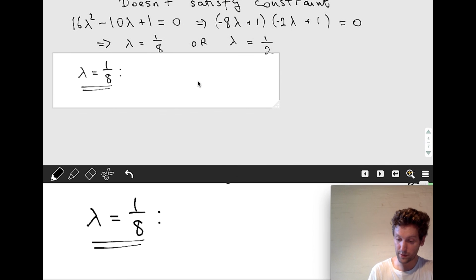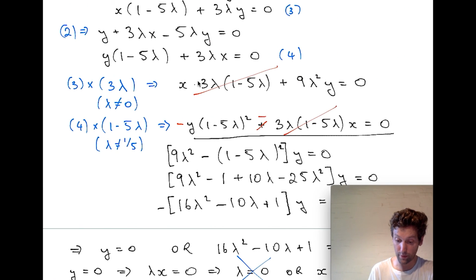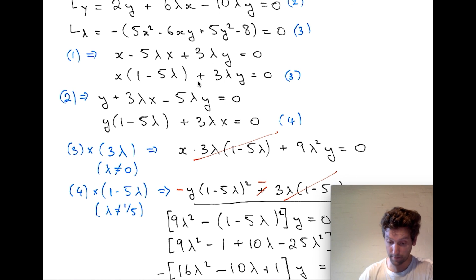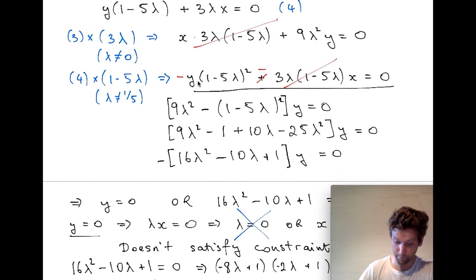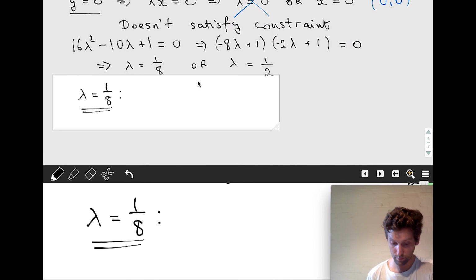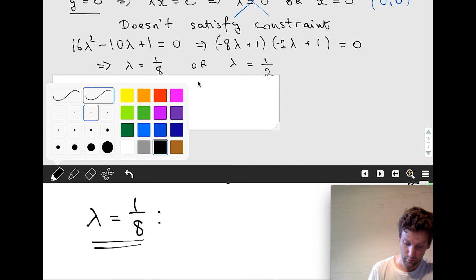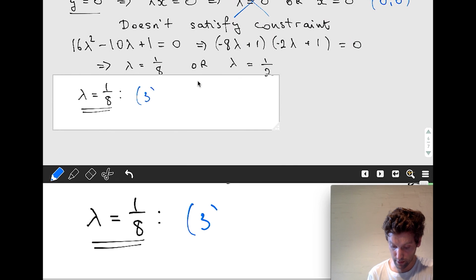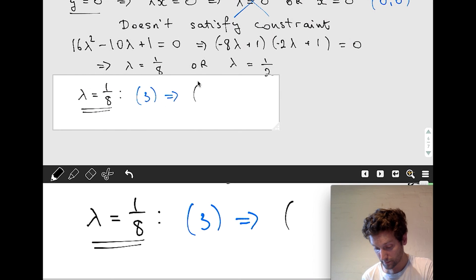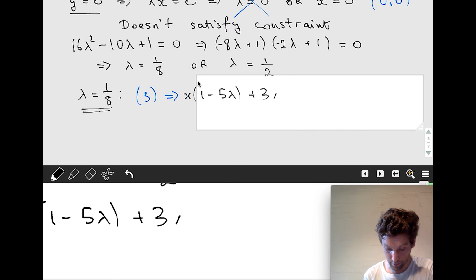So we're going to substitute that into, let's say, equation number 3, which was x times 1 minus 5 lambda plus 3 lambda y. So equation 3 implies x times 1 minus 5 lambda plus 3 lambda y was equal to 0.